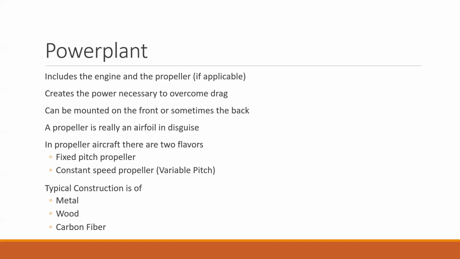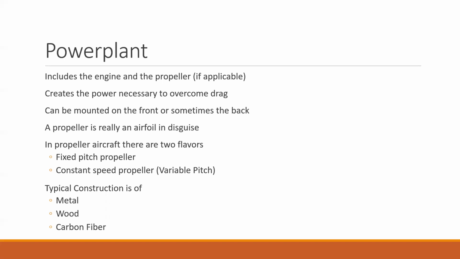All right, and the last major component of the aircraft is going to be the power plant. So it's either going to be the jet engine or a piston engine if it's on a smaller aircraft. And the power plant consists of the engine and the propeller if it has a propeller. And the propeller creates that power to overcome drag.